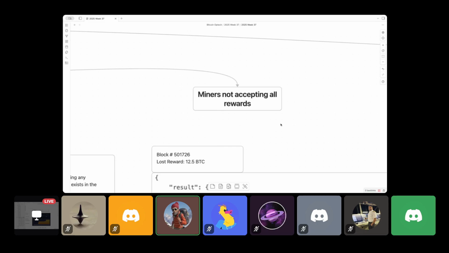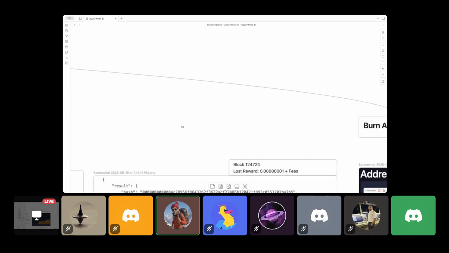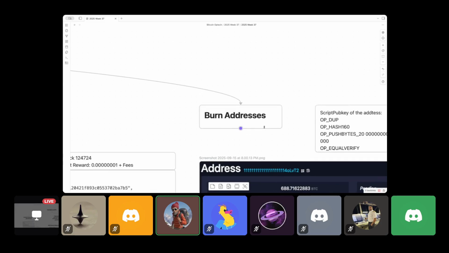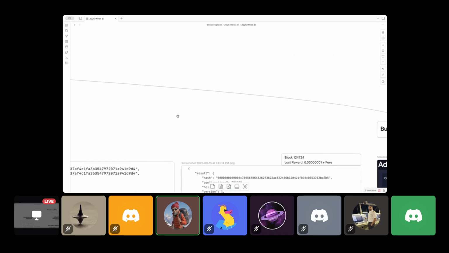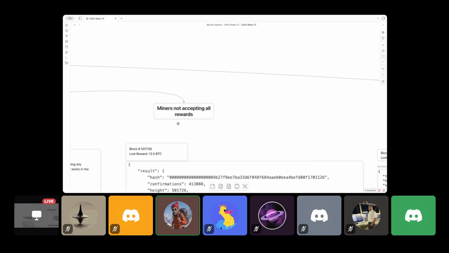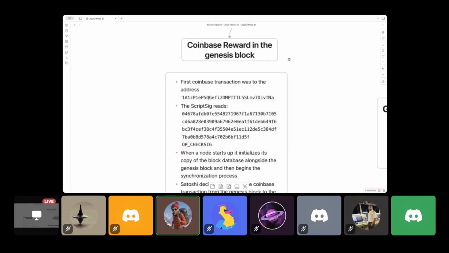Those coins are also lost, so they are not coming back. Finally, there is the category of burn addresses. These are also user created, and there are a lot of burn addresses in the blockchain. If you send funds to these, they are lost forever. Of course, you can club this with the other category of user created non-recoverable BTCs.